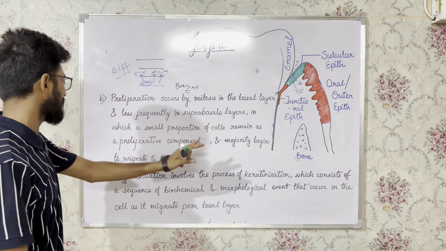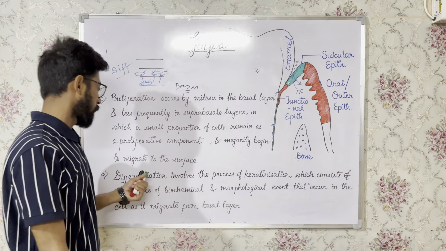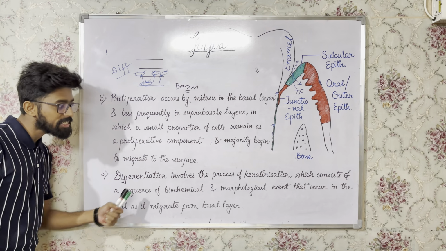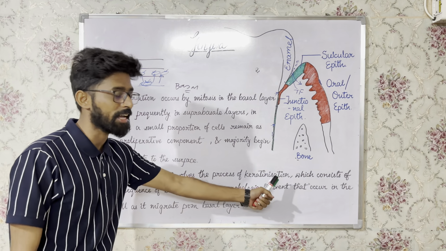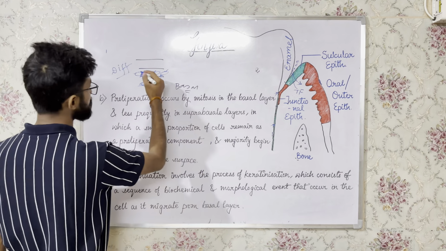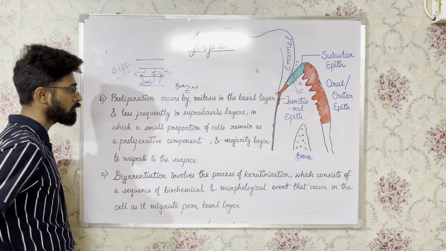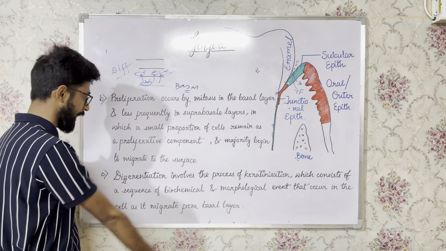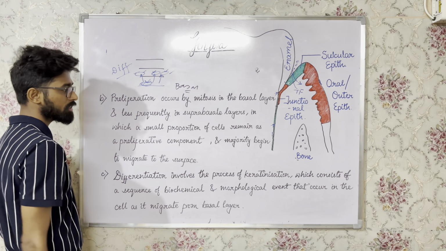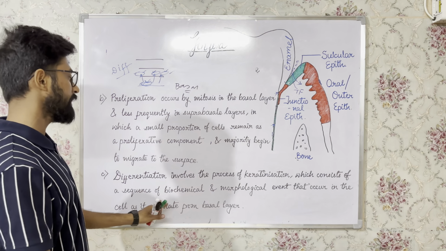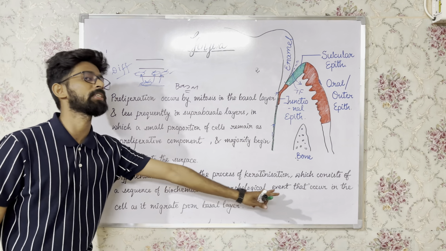Okay, now coming to the next point. What is the next point saying? Differentiation involves the process of keratinization, means differentiation means getting special ability. Now what is the special ability that these 3 cells will be getting? Keratinization property. Okay, formation of keratin. So differentiation involves the process of keratinization, which involves a series of biochemical and morphological events.